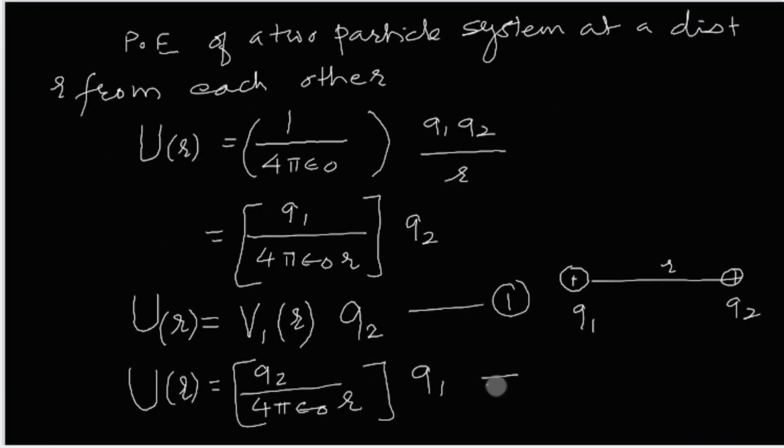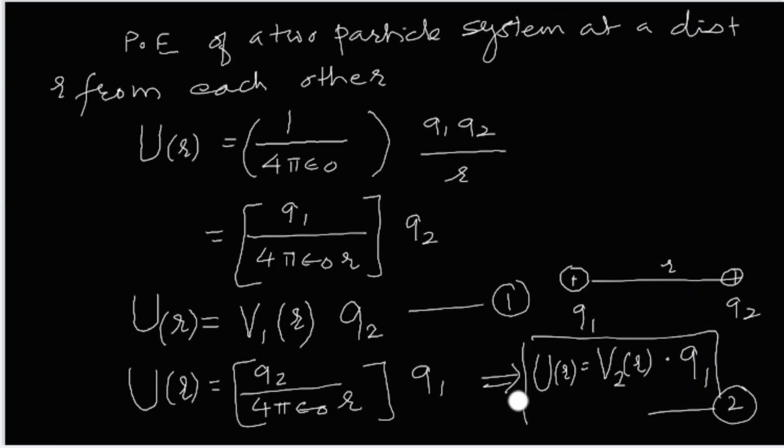So from this we can write U(R) equals, now this is the potential due to the Q2 charge, V2 at distance R, and the remaining will be Q1. This is our equation 2. So in these two forms we can write the potential energy of the system.